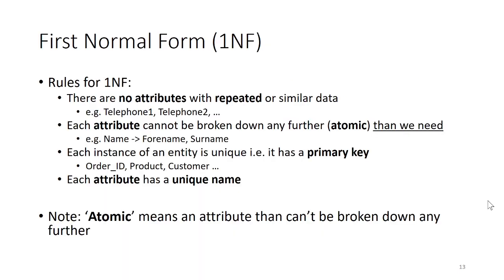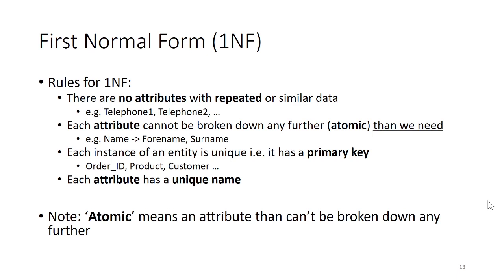The first normal form has this rule: there are no attributes with repeated or similar data. So we are going to move from unnormalized form to first normal form by considering these rules.